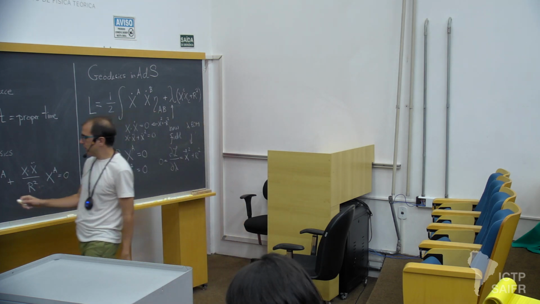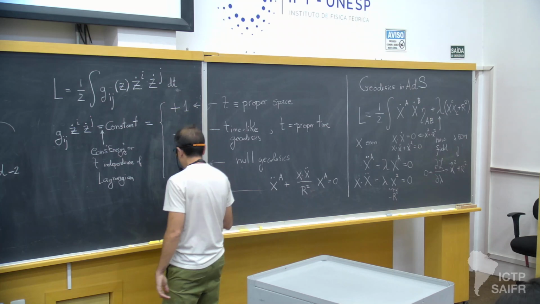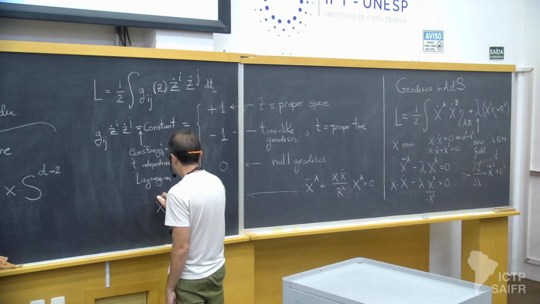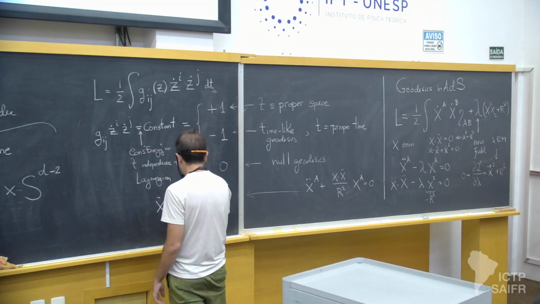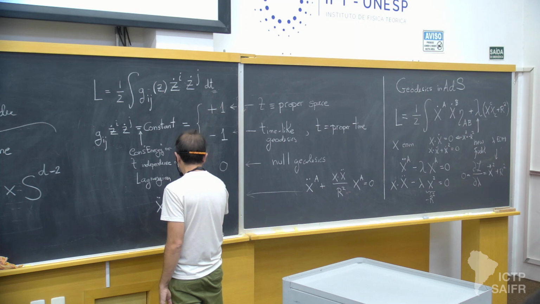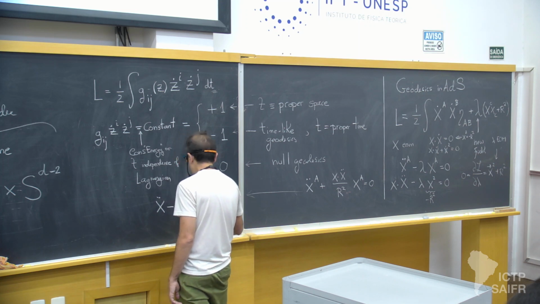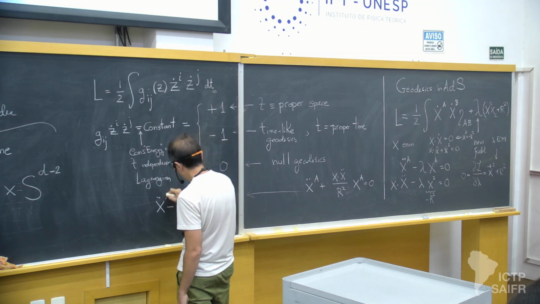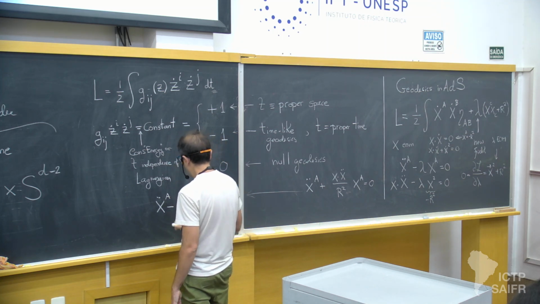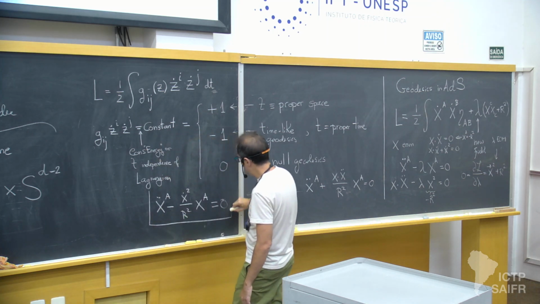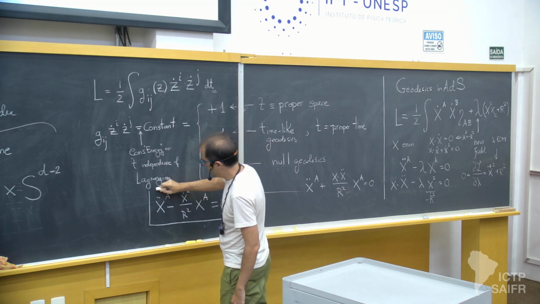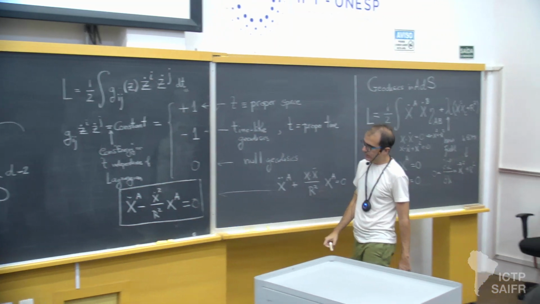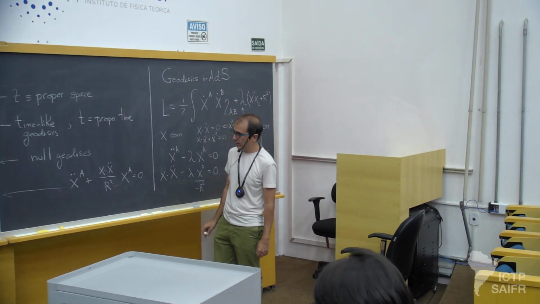And so the final equation we get is x double dot minus x dot squared over r squared times x equal to 0. Or if I put the index a. So this is the geodesic equation, the equation that describes the geodesics in AdS.